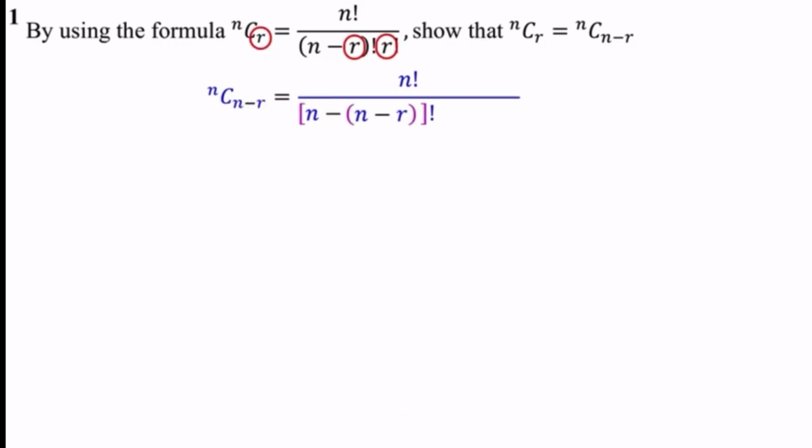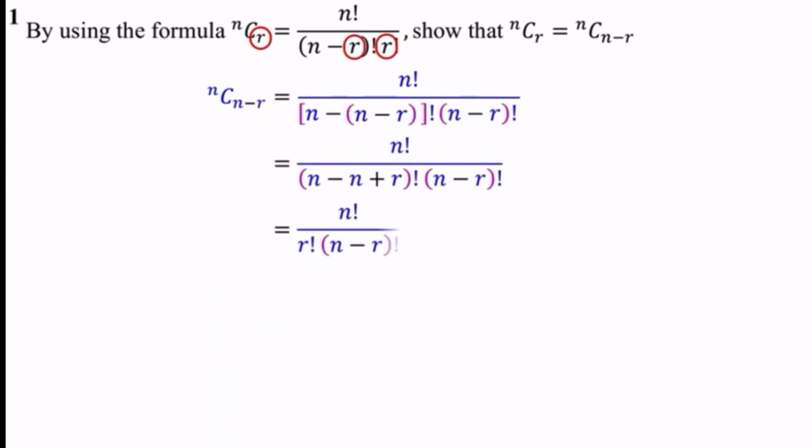So we will follow the formula: nCr becomes nC(n minus r), so it is equal to n factorial over (n minus (n minus r)) factorial times the (n minus r) factorial.